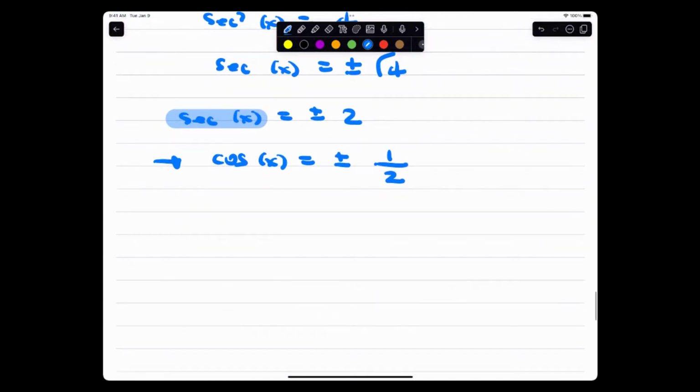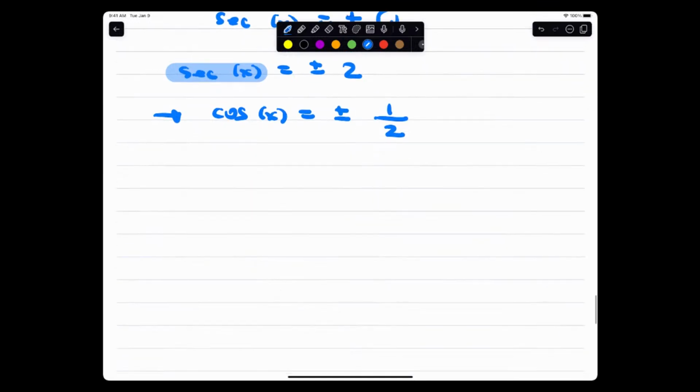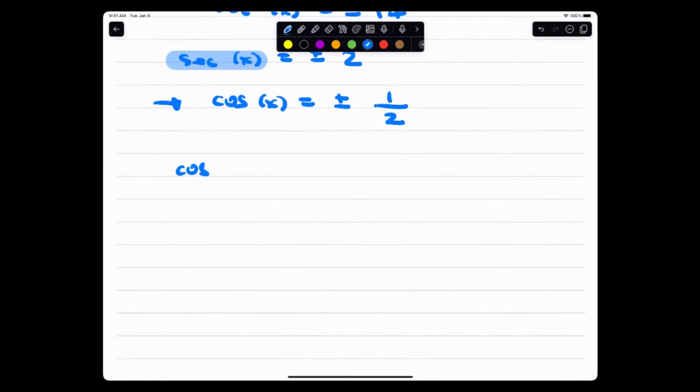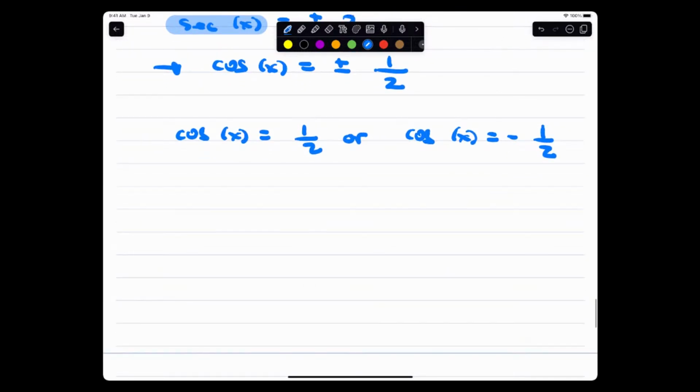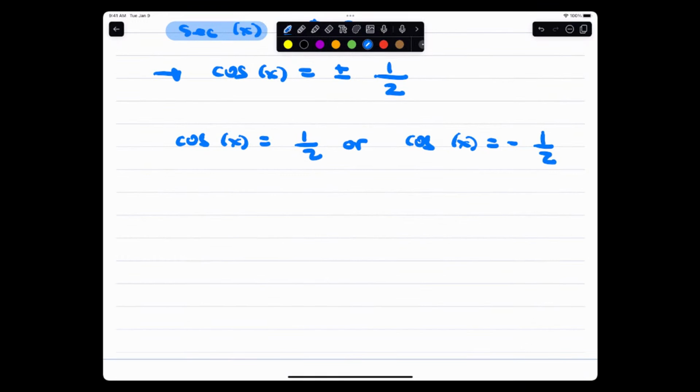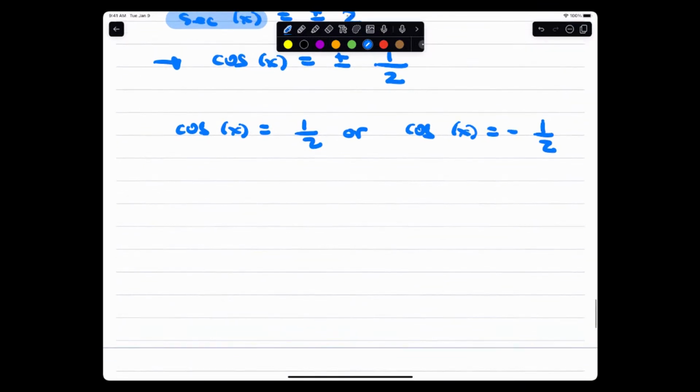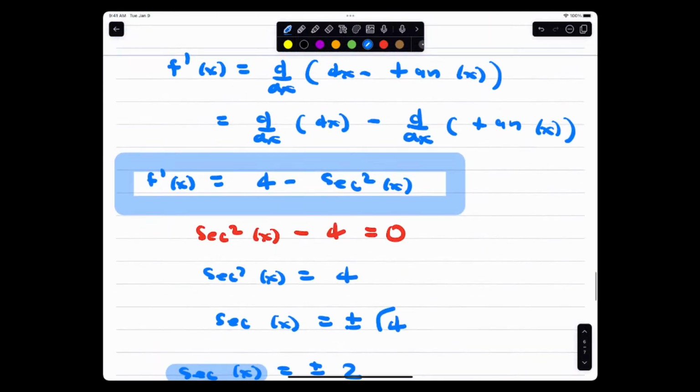So you take reciprocals. Is that right? And so I do have those trig equations. I think I did send that to you guys already. So here's our two solutions. Okay. So cosine is positive 1/2, or cosine is what? Negative 1/2. Is that true?